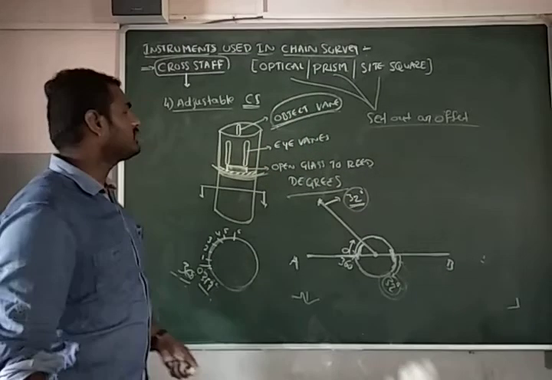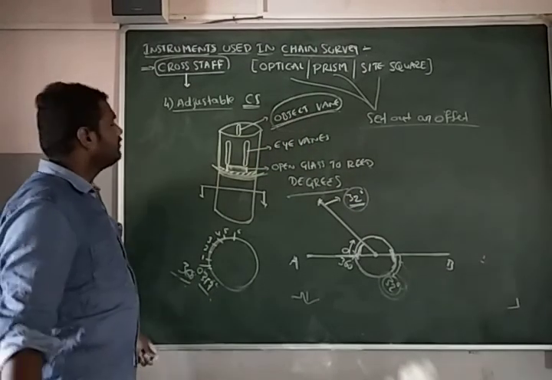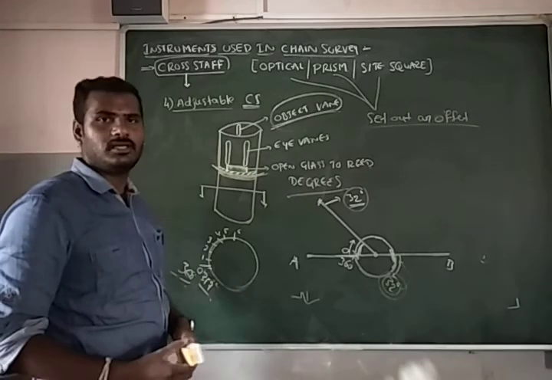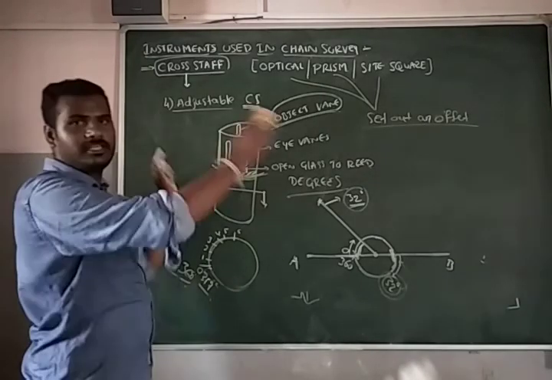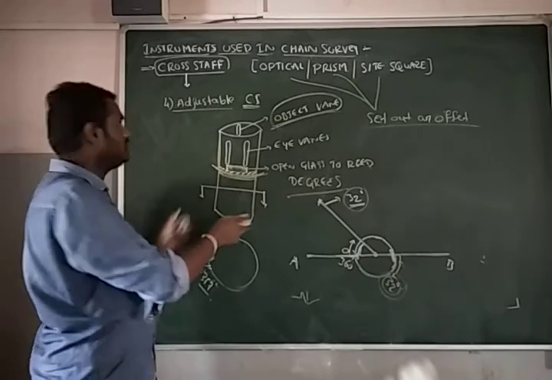Right? So next we see some minor instruments that we use in chain surveying. These are all the major equipments that are completed. Then we move into the minor instruments.